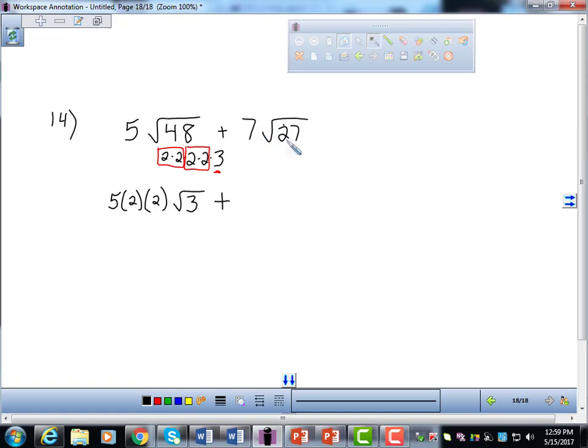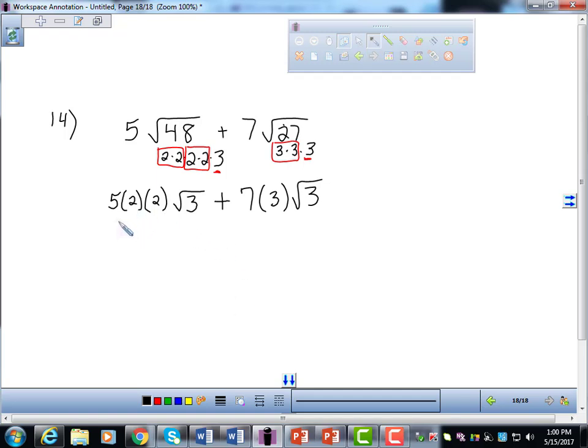On the second term, you have 27, which is 3 times 9, and 9 is 3 times 3. So there you have a pair of 3's with the 3 left over. The 7 is already out. We have a 3, square root 3. So far, so good?